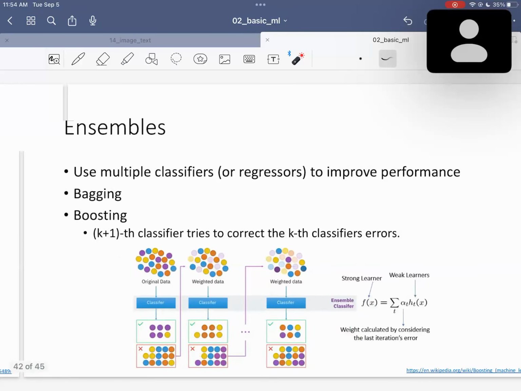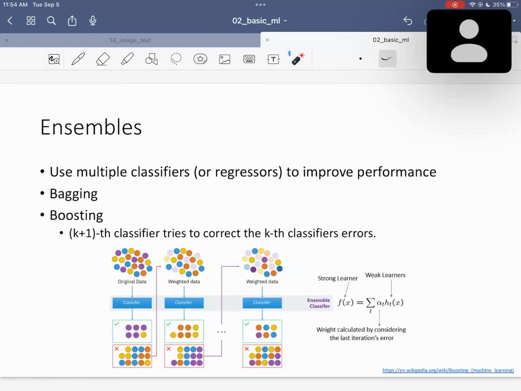So that's bagging. Boosting is using weak learners, simple classifiers like a single decision tree, a single logistic regression, or a single support vector machine. You use multiple classifiers sequentially. You first train a decision tree, for example, and then you will inevitably have a certain amount of error, because a single decision tree is not a powerful model.